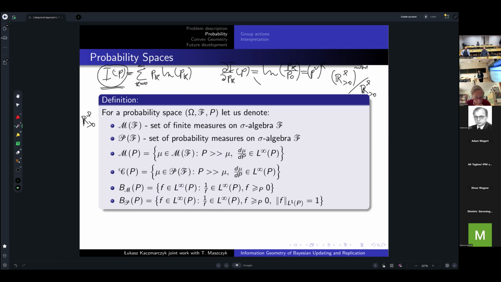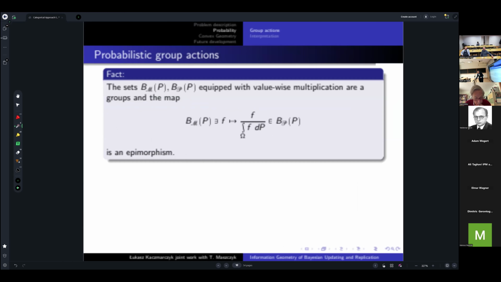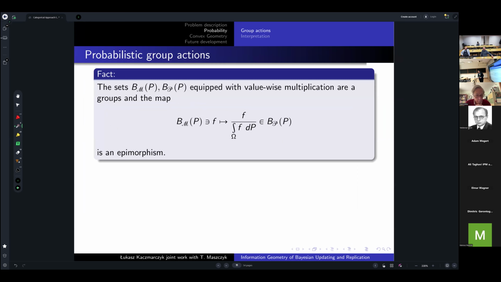Could you write down the action of the M on probabilistic measures in the final step? I think it would be better if I write it here, simply because I have it here already.